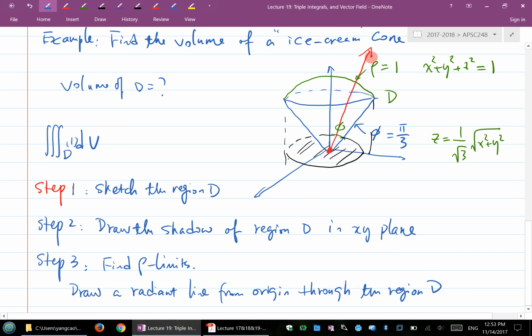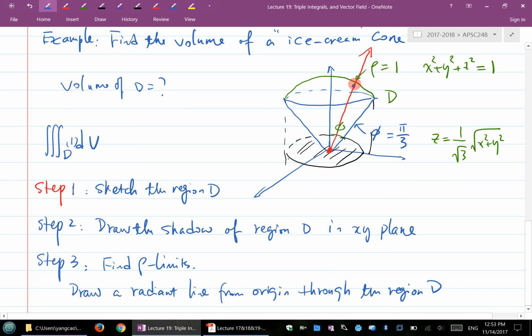So going out of this region D, there will always be a first contact and a second contact. In this case, the first contact is right at the origin, and the second contact is right on the top of this cone, the cone surface.